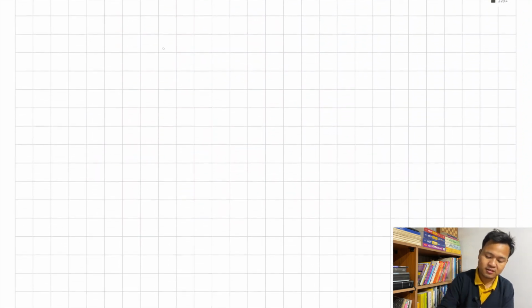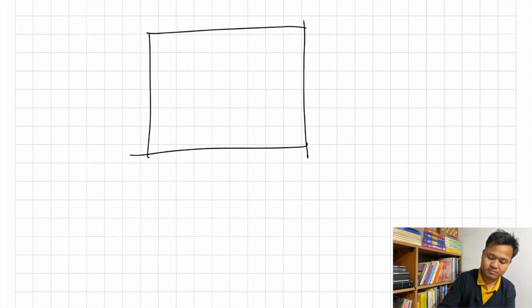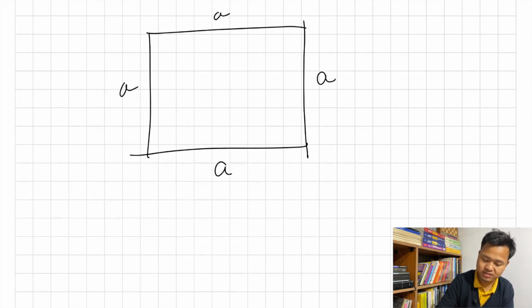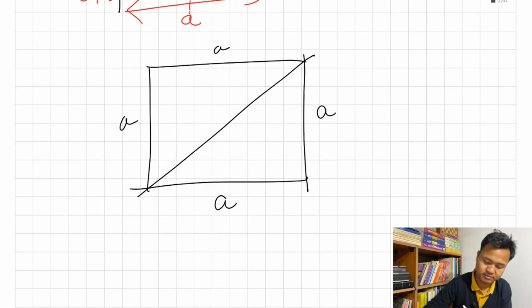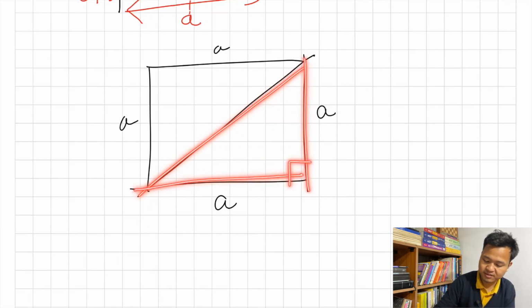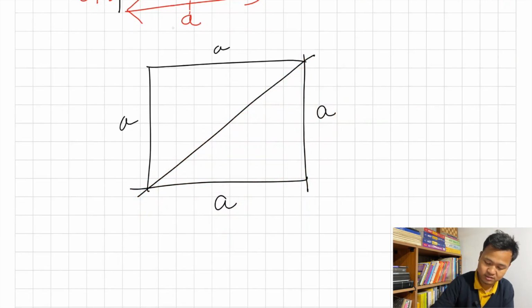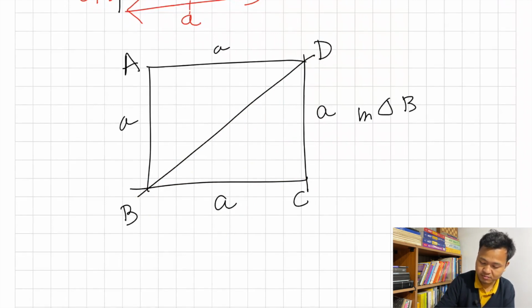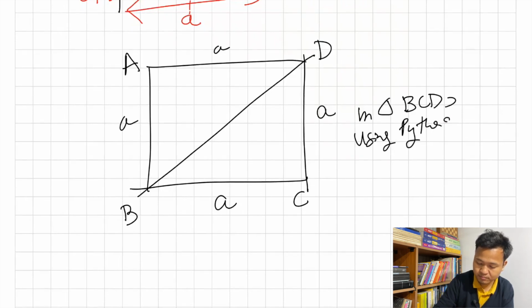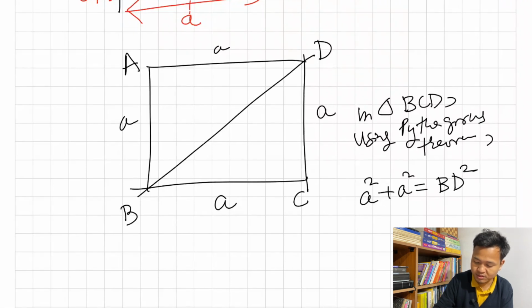Similarly, you can also use a square. A square has all sides the same. So what is the diagonal of a square? How do you find it? This is a right triangle, so you can use the Pythagoras theorem. Let's say A, B, C, D. In triangle BCD, using the Pythagoras theorem, I can write a square plus a square is equal to BD square.